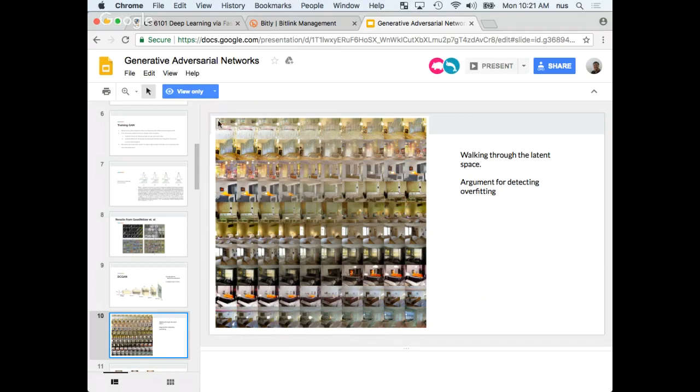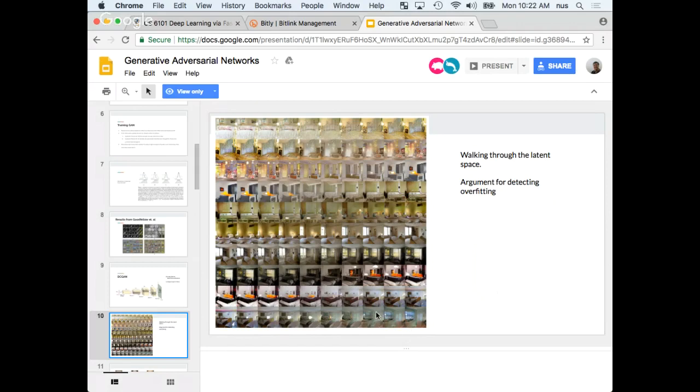So for example, if you start off with a random vector A and another vector B, they interpolated between these two vectors and they generated images using each of these interpolations. And they realized that as you move from the initial vector to the final vector, the images gradually change towards this final image. So they continue this and they do it for 10 separate examples.